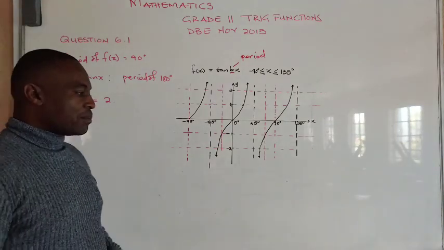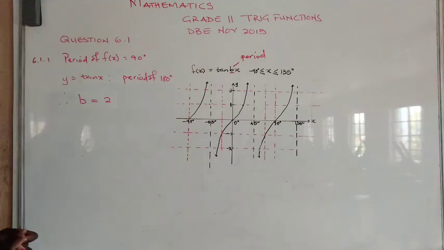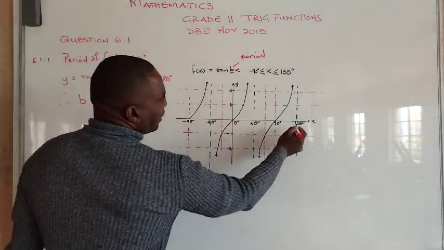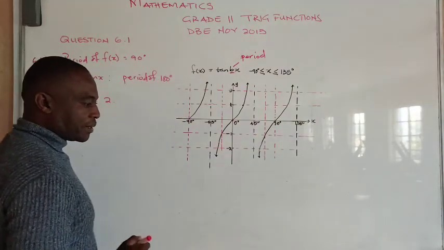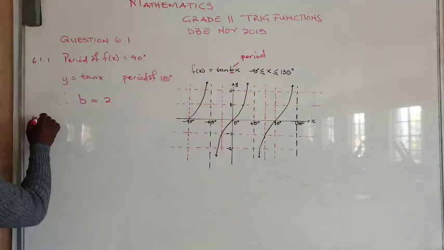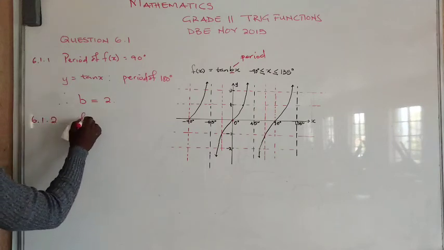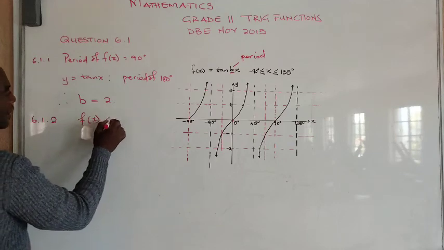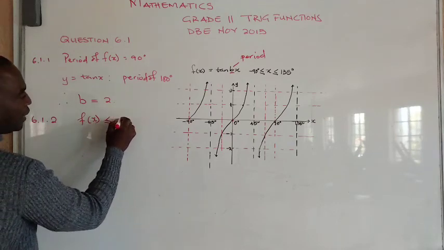Alright, 6.1.2, determine the values of x in the interval 0 degrees to 135 degrees, just from 0 degrees to 135 degrees, for which f of x is less than or equal to -1.